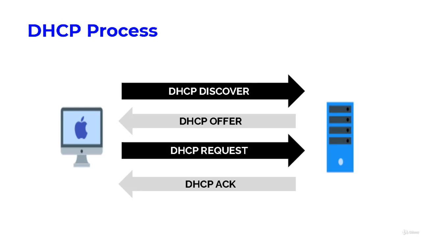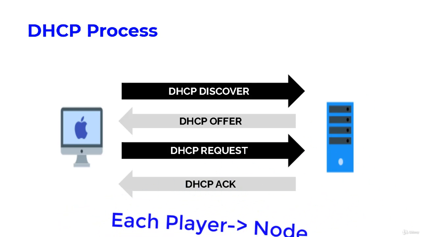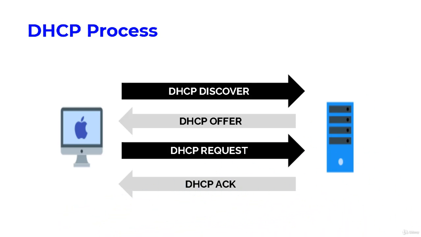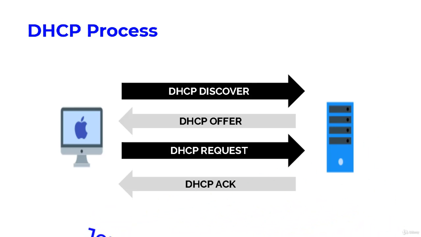In networking analogy, the team of 6 players in a room is a network and each player is a node, say a personal computer. The captain is a DHCP server and the jersey number is the IP address. When a new PC joins, it is in need of an IP address to be able to use the network.